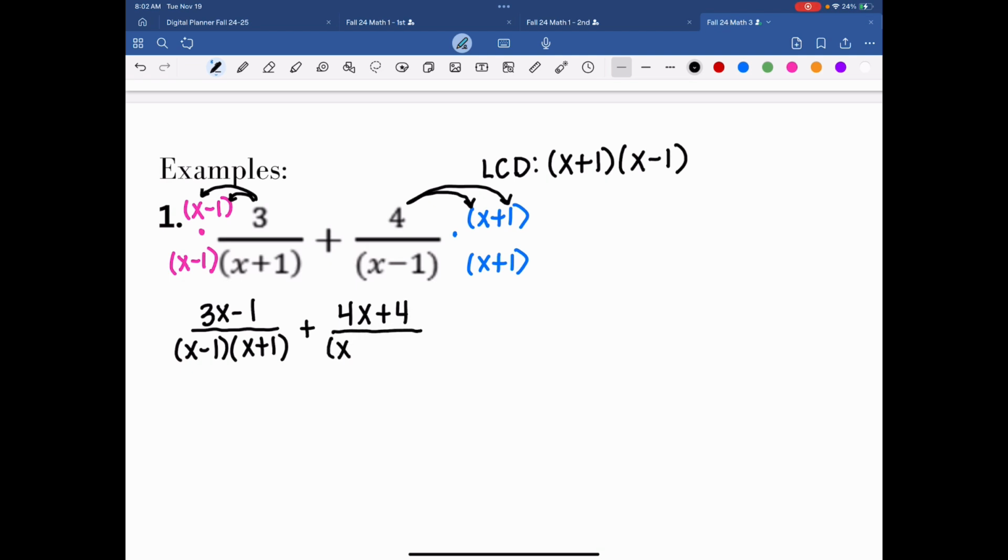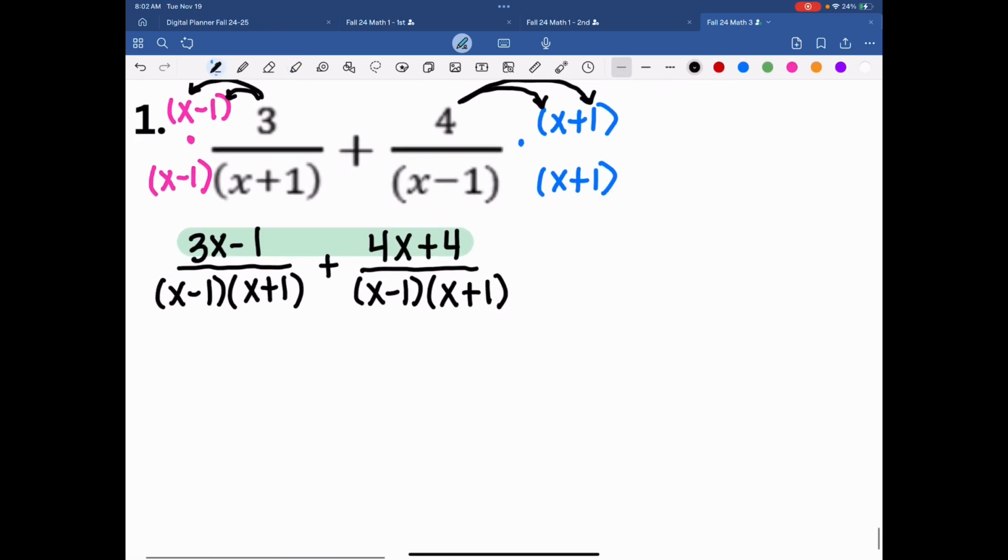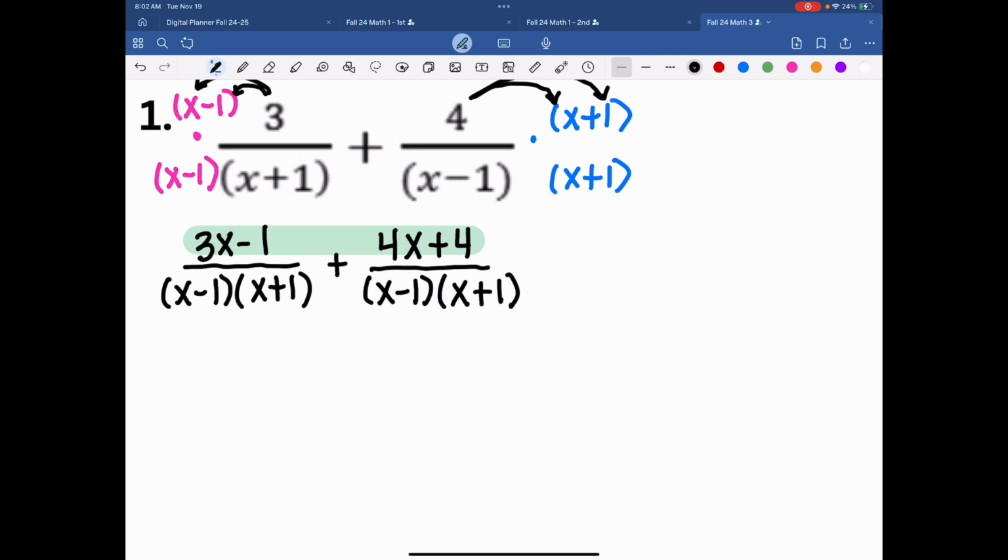And then we have x minus 1, x plus 1. So now we're going to be able to add our numerators because we now have a common denominator. So we have like terms, so we have 3x and 4x is going to become 7x. And then negative 1 and 4 becomes plus 3. And that's going to be over x minus 1, x plus 1.